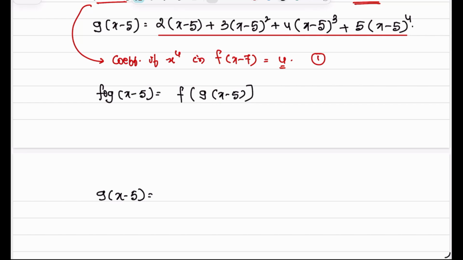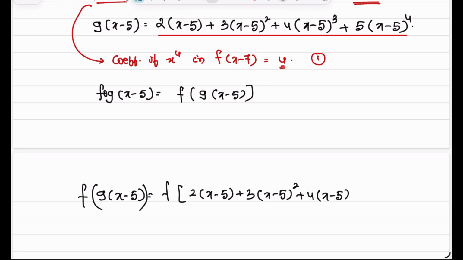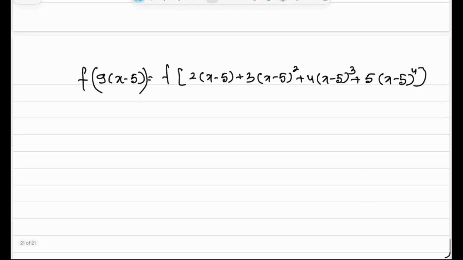So f of g(x − 5) will be f of 2(x − 5) + 3(x − 5)² + 4(x − 5)³ + 5(x − 5)⁴, and this whole thing is the x in the function.